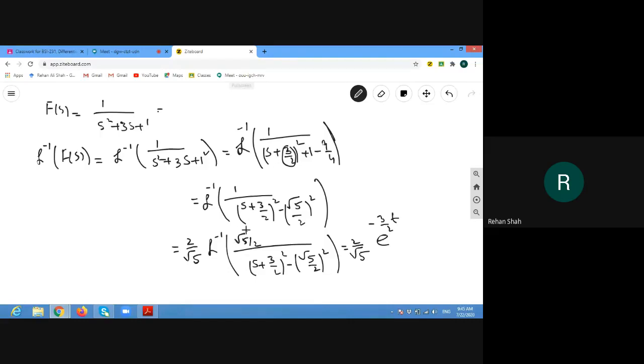When there is constant in the numerator, so you will write sine hyperbolic. What is sine hyperbolic? What is a? a is square root 5/2 t. ये क्लियर हुआ.